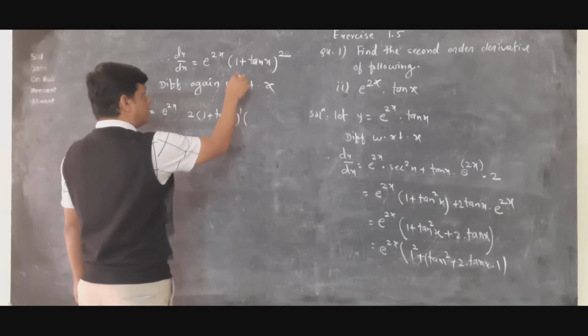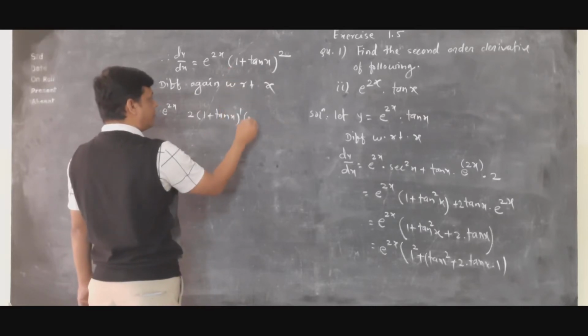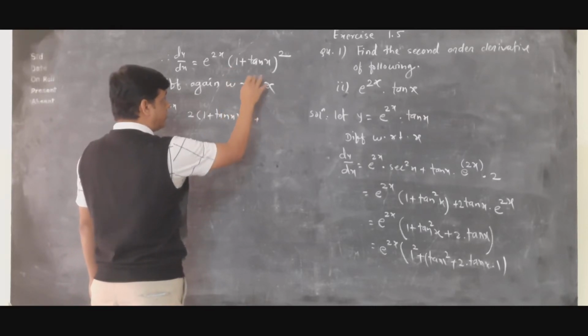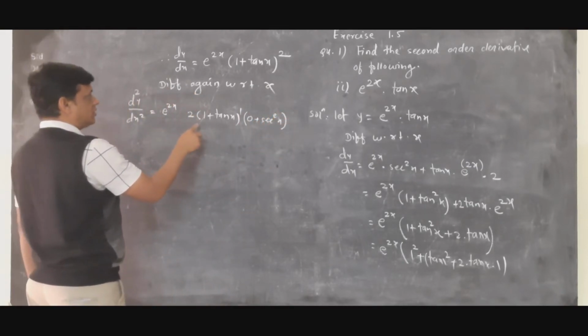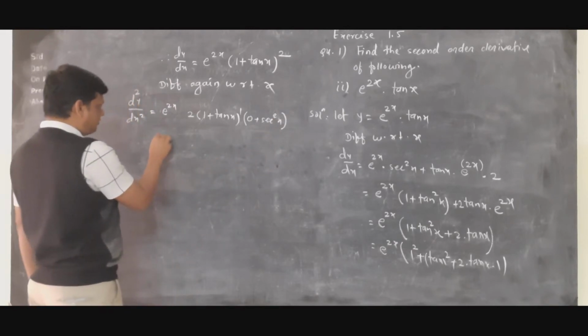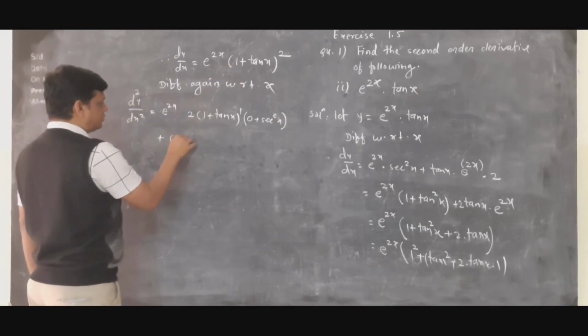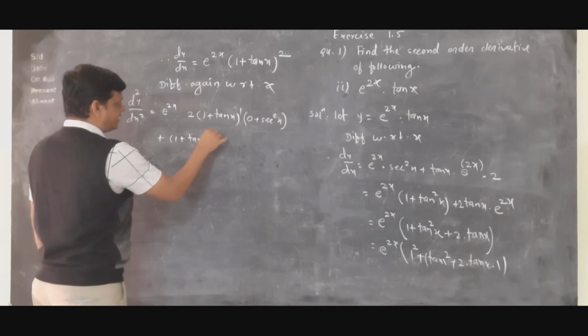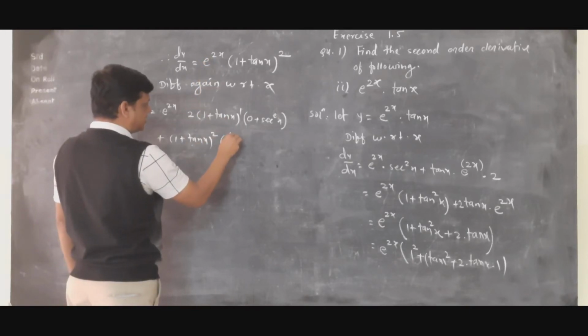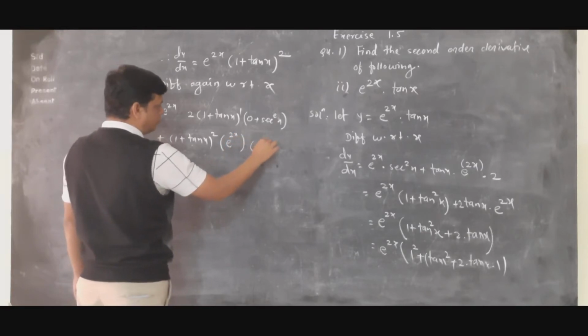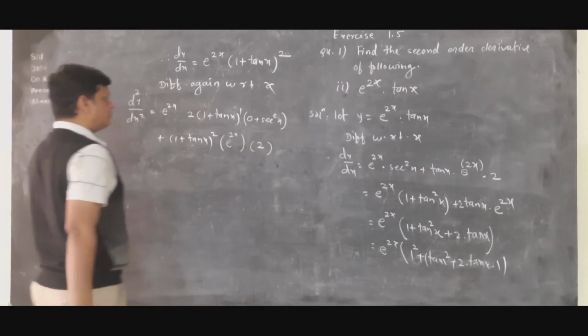Then we find derivative of this bracket: derivative of 1 we get 0, derivative of tan x we get sec²x. So first function into derivative of second plus second function, that is (1 + tan x)^2, into derivative of first. So derivative of e^(2x) is e^(2x) into derivative of 2x, which is 2.